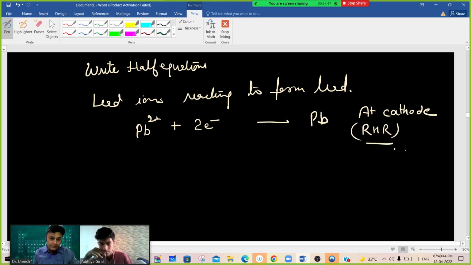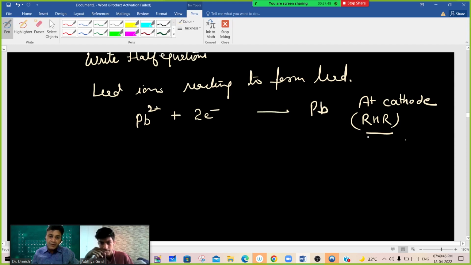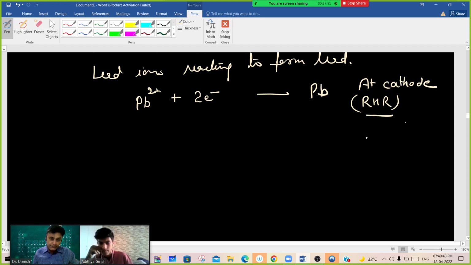Am I clear? It's a half reaction. It is not a complete reaction. The complete reaction will involve the ionic side also. It is only half because it is undergoing reduction only. Without oxidation, reduction cannot take place. To reduce a lead ion, somebody should be able to give electrons.